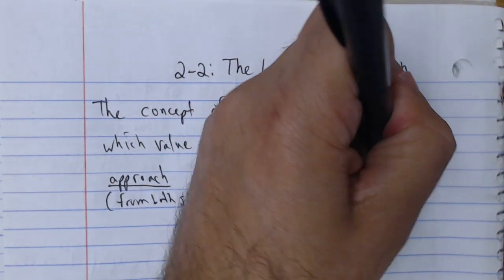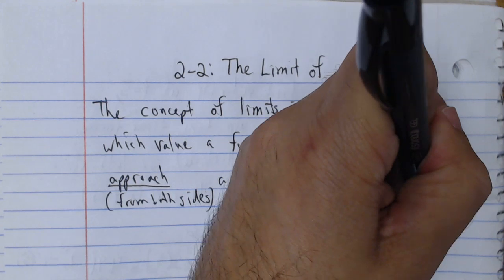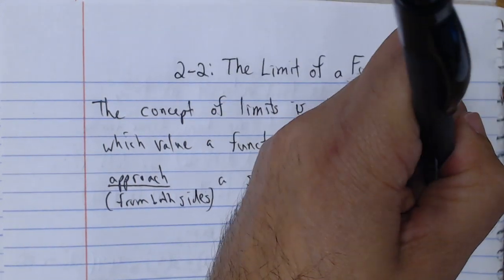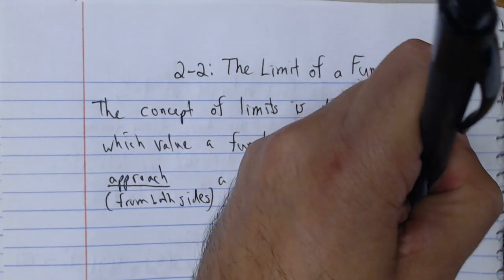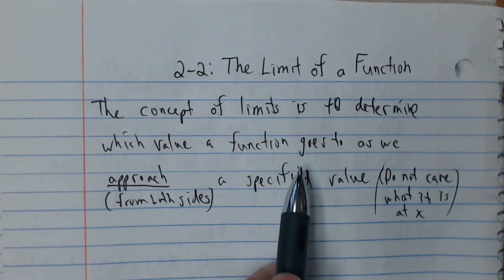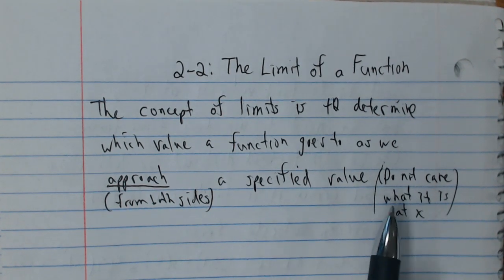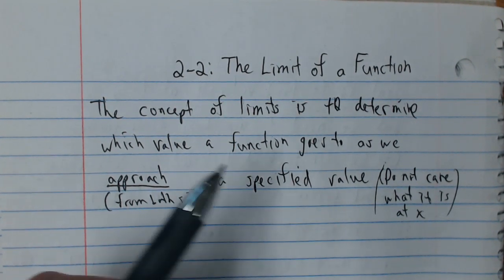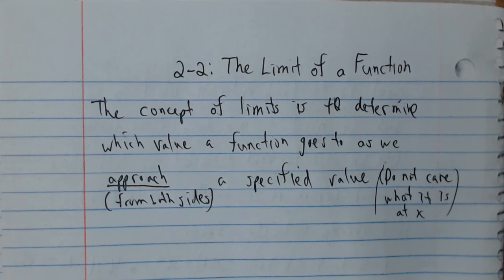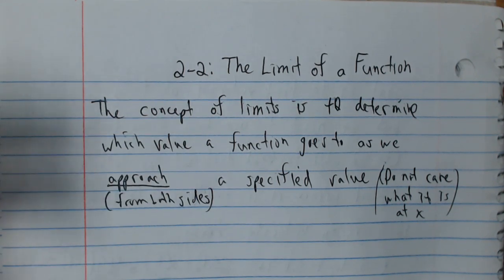So in other words, we do not care what it is at that x value. Usually the specified value is some x value that we're getting close to, but we don't care what it is at that value. Let's define this, and then we'll see some visuals as to how this works.